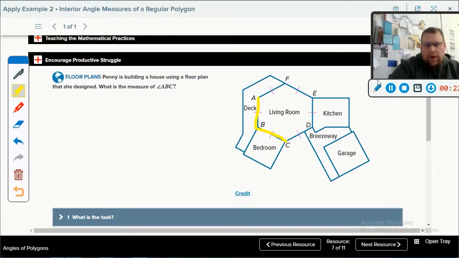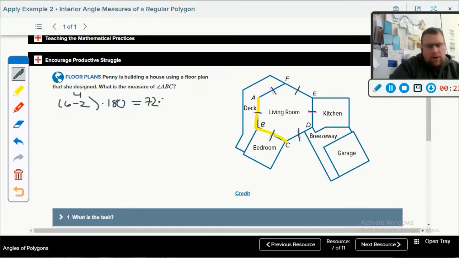Now, what kind of a shape do we have? Well, how many sides do we have? It's a 1, 2, 3, 4, 5, 6-sided figure. So we know that the sum of the interior angles is going to be 6 minus 2 times 180, which is 4 times 180, or 720.